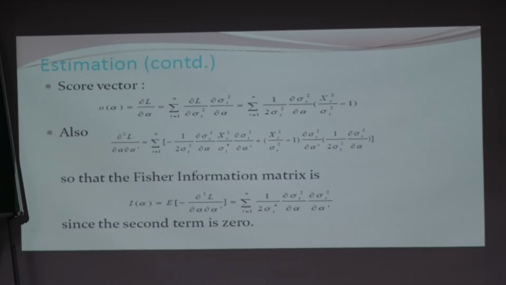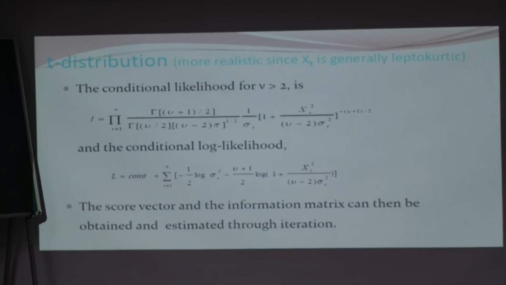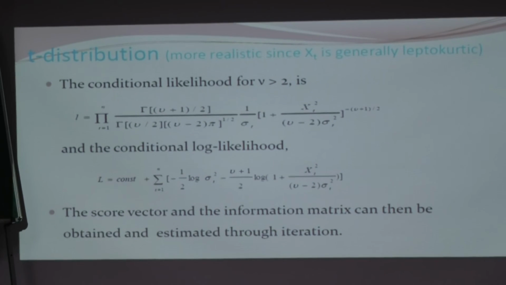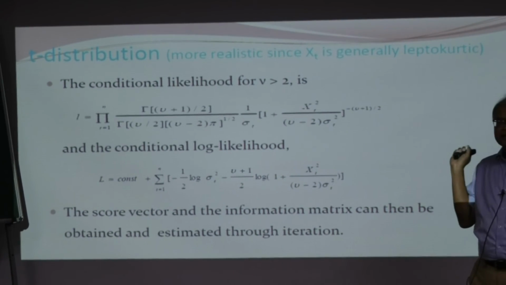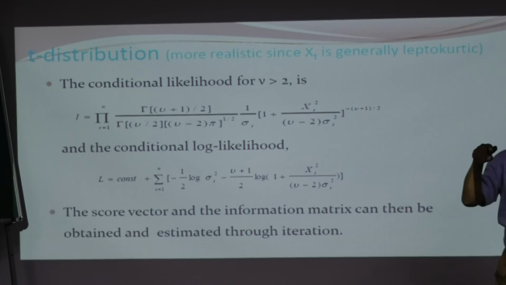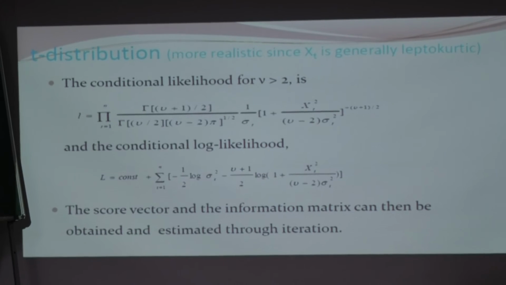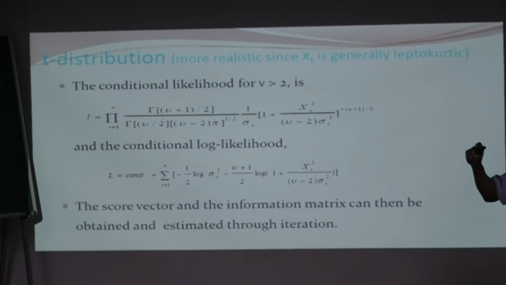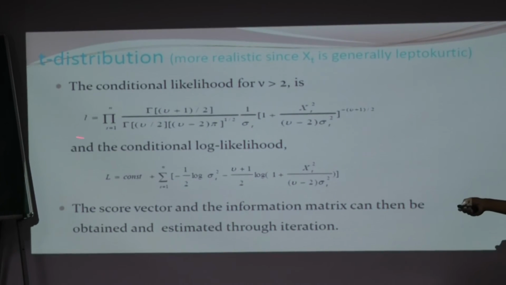But importantly, very often I started with the normal distribution. You have the likelihood written down in the form of the normal distribution. But remember, as I said just now, it's leptokurtic. A normal distribution is mesokurtic. So very often if you are fat-tailed, the t distribution usually gives you a better fit.